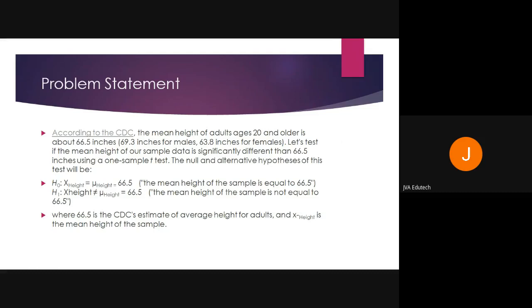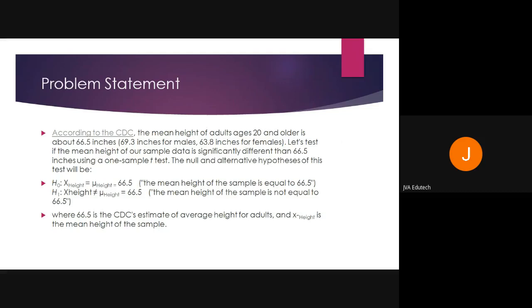However, in this case, we are not taking into account the groups of male and female. Overall, if the population consists of adults 20 and older, their mean height would come to be 66.5 inches.